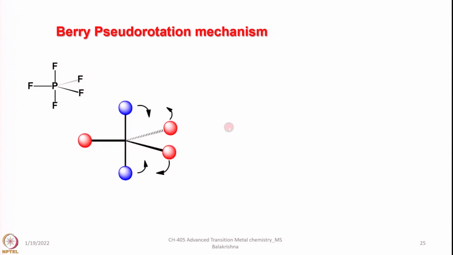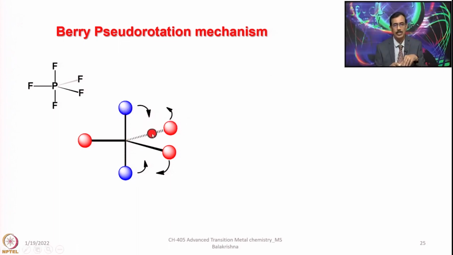You see what happens due to the fluxional process: these 2 axial will start moving towards the equatorial plane, and at the same time these 2 in the plane will start moving towards the axial position by increasing this angle. That means simultaneously this linear angle is decreasing and this 120 angle is increasing, and we reach an intermediate stage where these 2 are also decreasing from 180 and these are also increasing from 120.